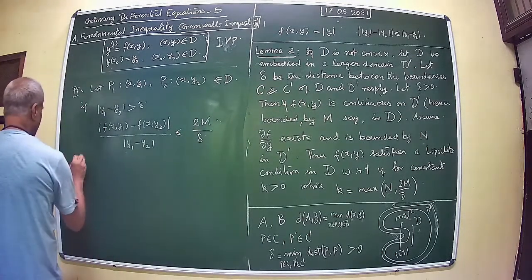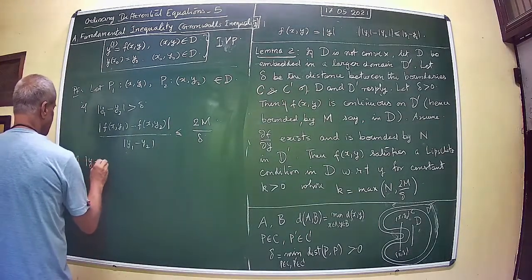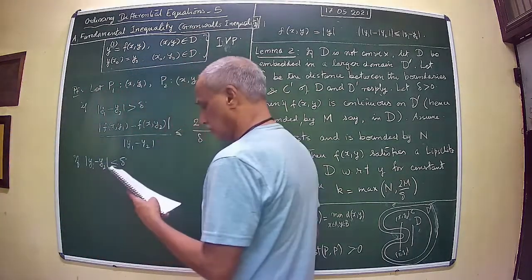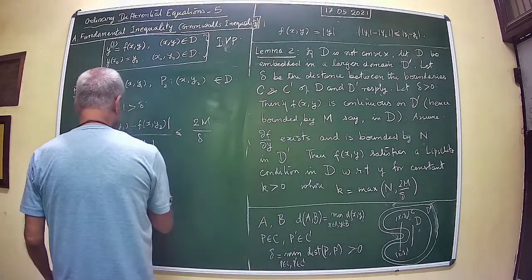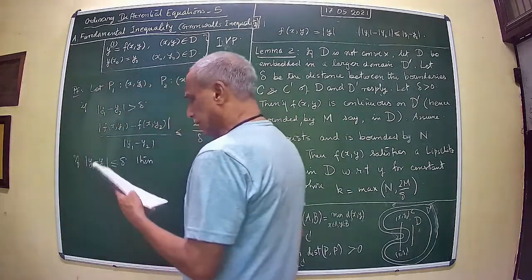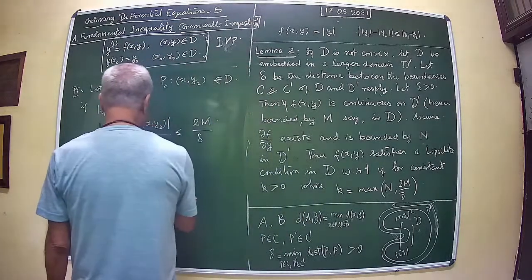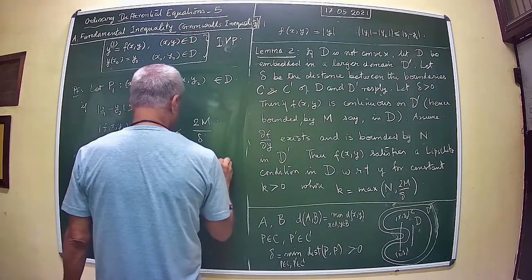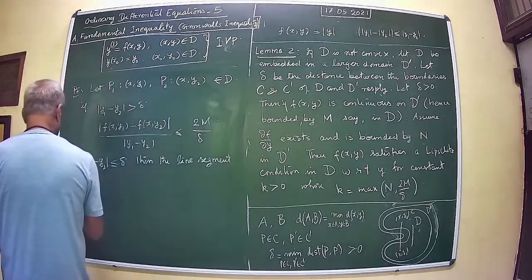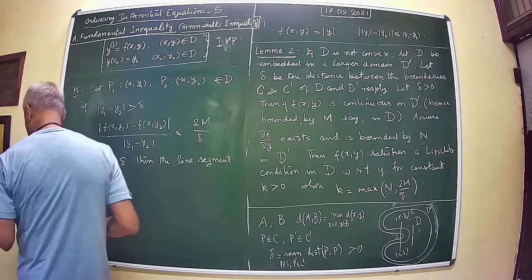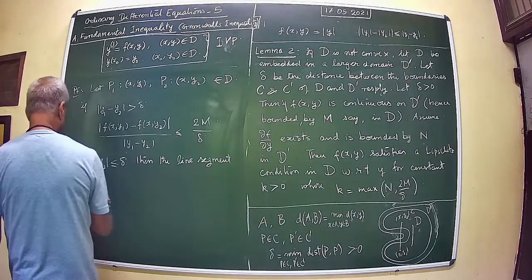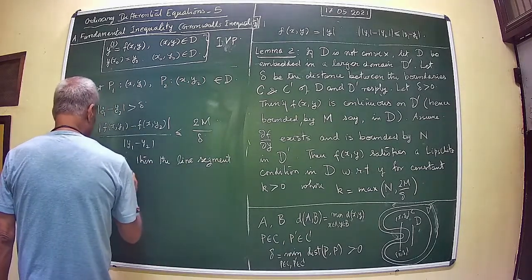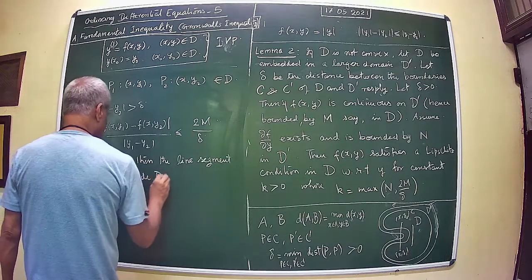If mod y1 minus y2 is less than or equal to delta, then you are sure that the line segment P1 P2 lies in D prime.